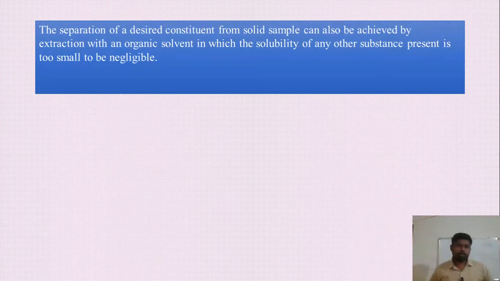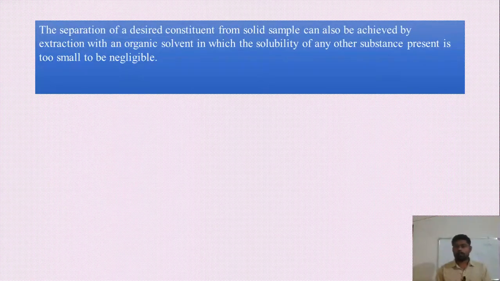The well-known example of solid liquid extraction is rose water. If you put some rose petals into water for 10 to 15 days, then you know what happens after 15 days when you remove those petals from the water. That water now has the essence or smell of the rose petals.